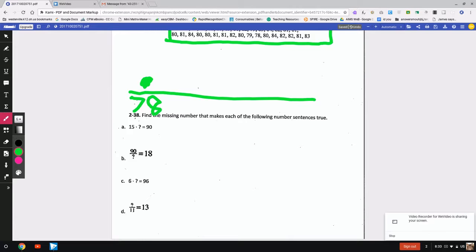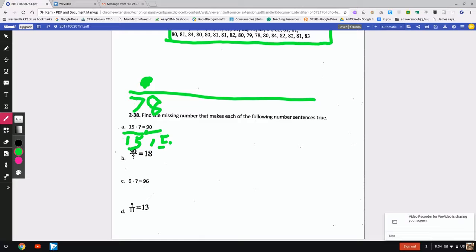Last question here again, find the missing numbers. When in doubt, if you're multiplying, you can do the opposite and divide. So if you divide each side by 15, you should be able to figure out 15 times what equals 90. How many 15s go into 90? Same thing here. 90 over blank equals 18.